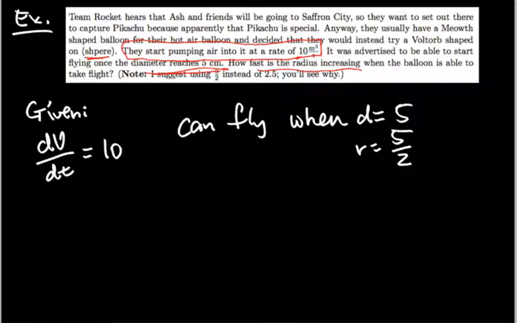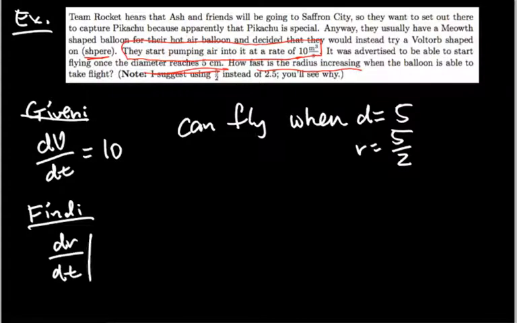Okay, so what are we trying to find? We're trying to find the rate of increase for the radius, dr/dt, when the balloon is able to take flight. Since we're doing dr/dt, you want to use r instead of d, most likely, so I'm just going to say dr/dt when r equals 5/2 centimeters.